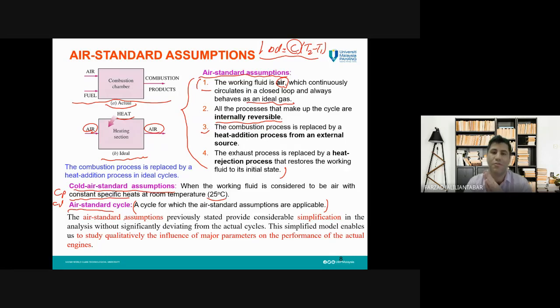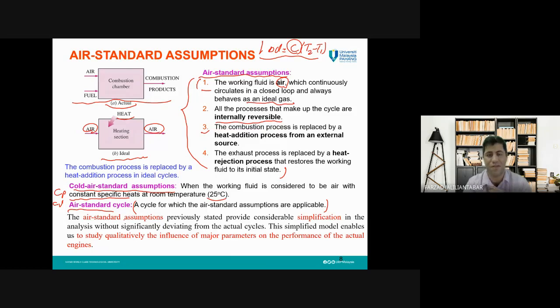But the type of car we are using now was invented more than 100 years ago. These types of engine were invented initially in 1876 by Otto. Then the diesel one was also invented around 1880-something.